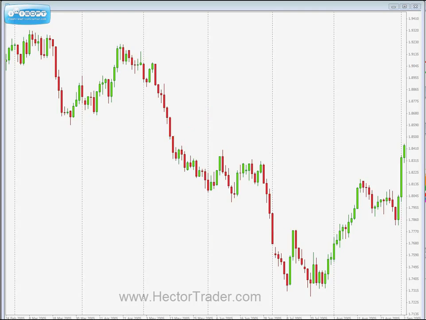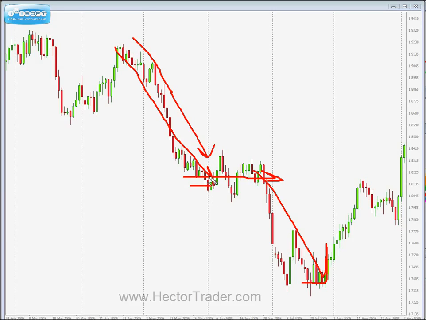Okay, as you can see, price comes from a clearly down move, alright, then enters a period of sideways consolidation before breaking below for a whole new swing to the downside. As I was saying before, sometimes as price moves heavily in one direction, bears and bulls need to take a breather.